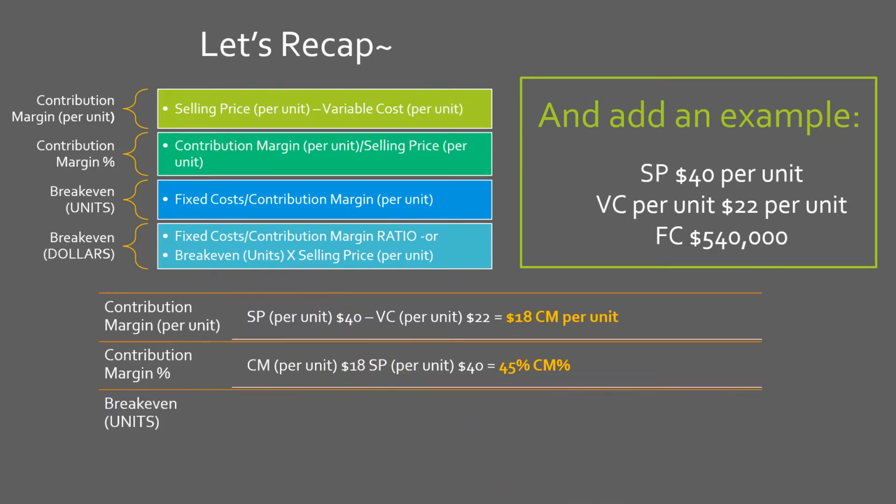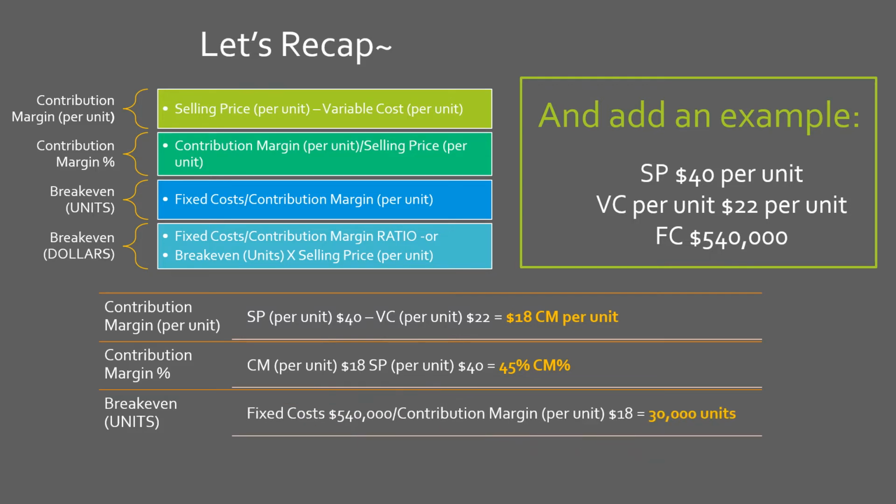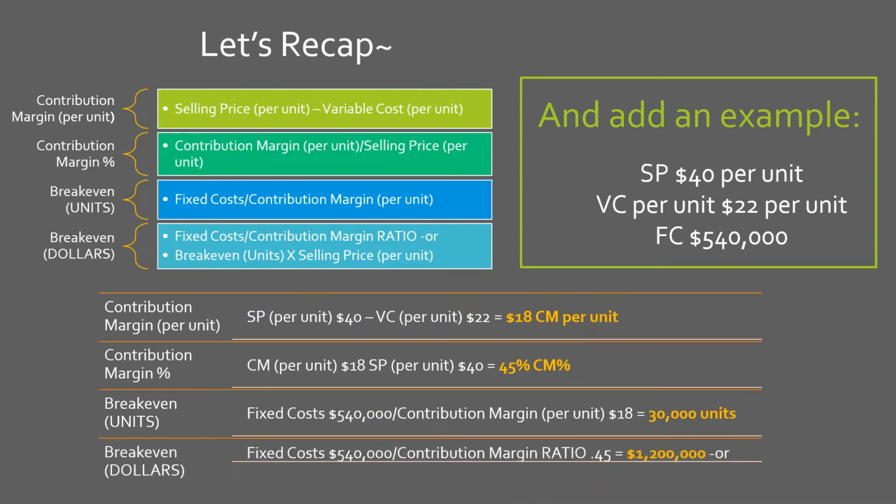If I wanted to solve for break even, I would take the fixed cost of $540,000, divide by the contribution margin of $18 per unit, and come up with 30,000 units. And if I wanted to know break even in dollars, I could take the fixed cost of $540,000 and divide by my contribution margin ratio of 45%, which in decimal terms is represented by 0.45, and come up with $1.2 million.